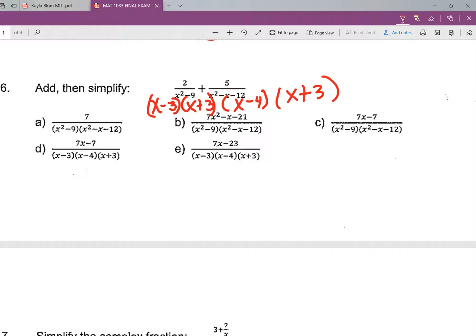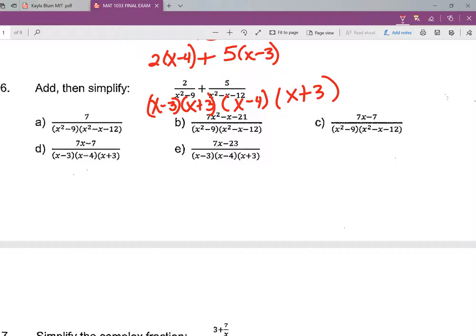And what you have to ask yourself is what is common to both sides of the equation. So if I look at this side of the fraction, this is missing the x minus 4, so this will become 2 parentheses x minus 4 plus, and this side over here was missing the x minus 3, so this becomes 5 parentheses x minus 3.